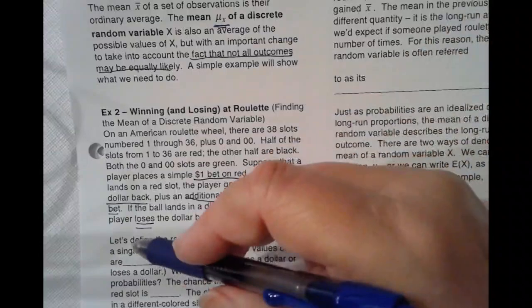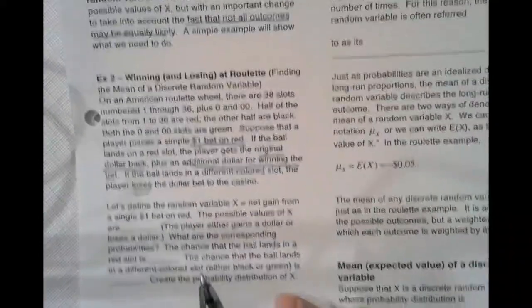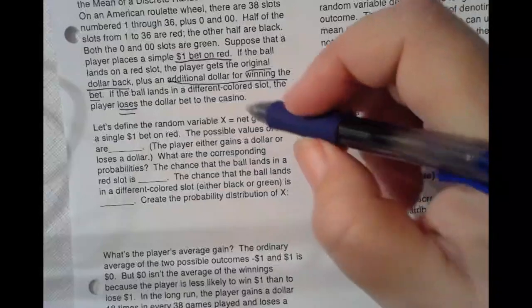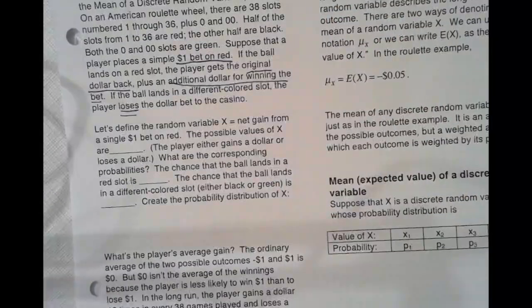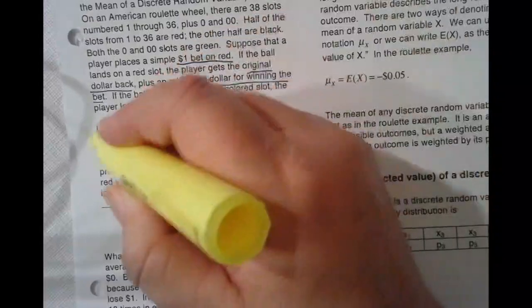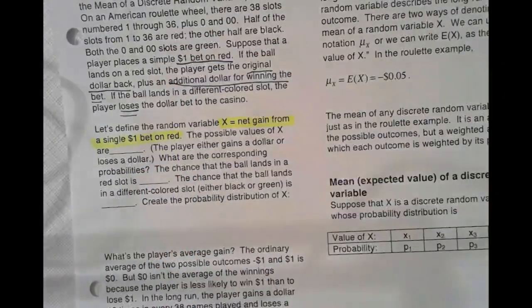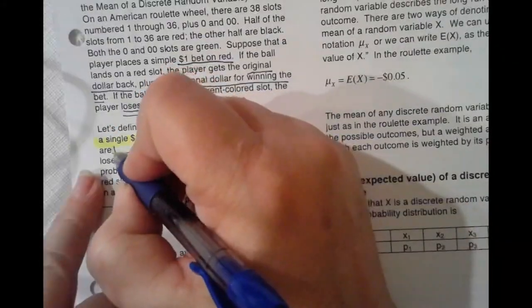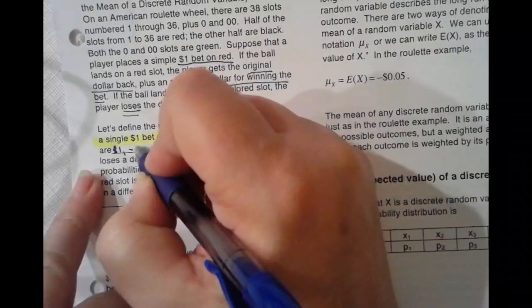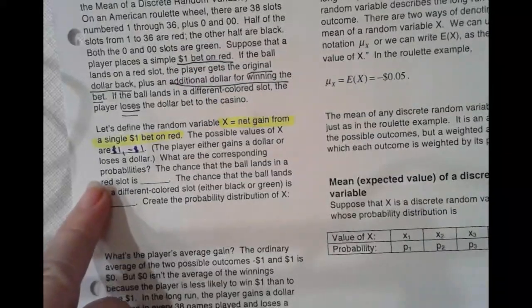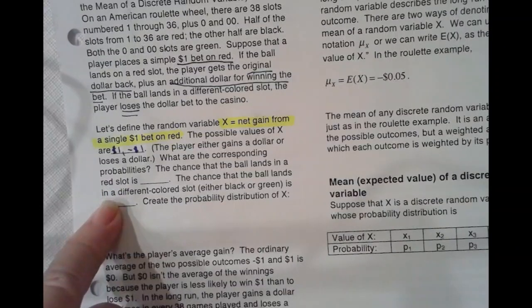Okay, so let's define the random variable x, net gain from a single dollar bet on red. So x is the net gain from a single dollar bet on red. The possible values for X are either he earns a dollar or he loses a dollar. The player either gains a dollar or loses a dollar. What are the corresponding probabilities? The chance that the ball lands in a red slot is 18 out of 38.